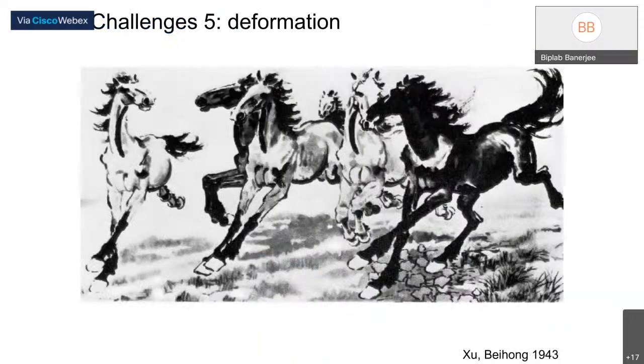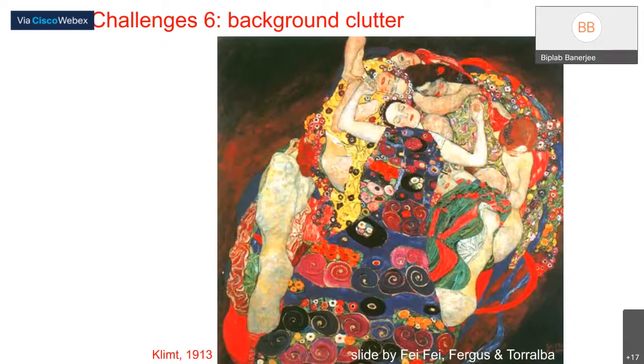Then deformation. The objects that we handle in daily life are mostly deformable, so they are not rigid body objects. So how do we do recognition with this deformation? As you can see here, there is deformation as well as occlusion, color changes and all this stuff, so this is a very complex recognition scenario. The background also plays an important role, and it may hamper the classification performance.